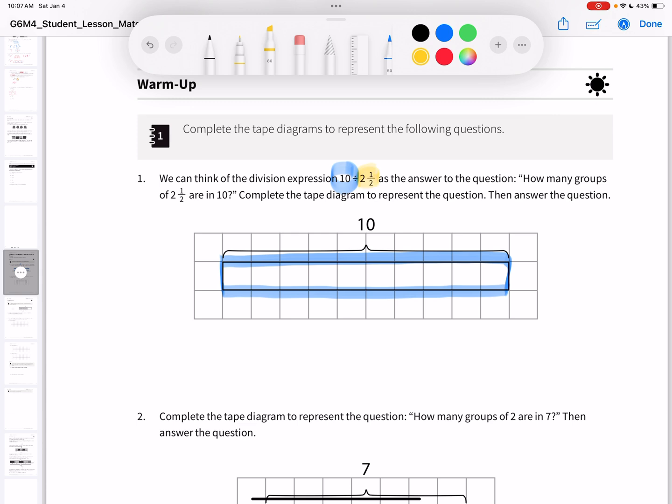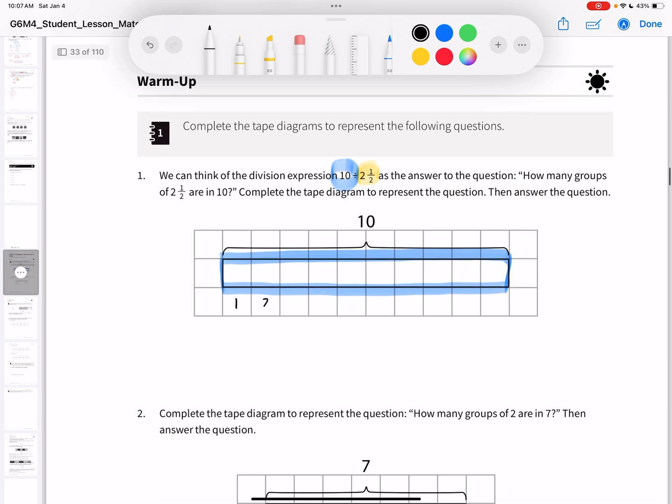So when we do this, we need to look at, there's 1, 2, 3, 4, 5, 6, 7, 8, 9, 10 boxes, and we need 2 1/2 boxes for each segment. And when you do a segment, we want to know how many segments are in 10.